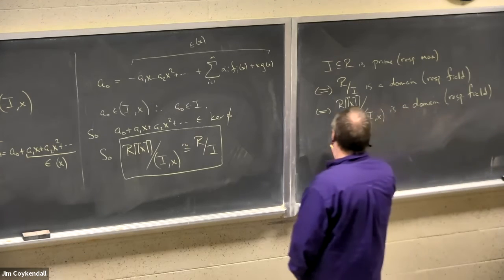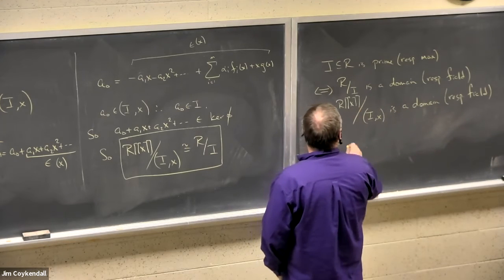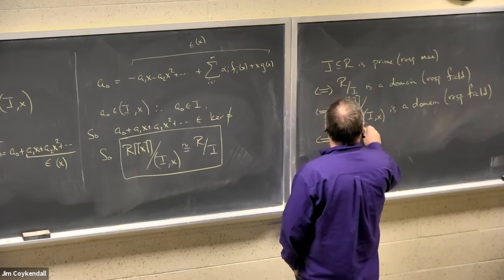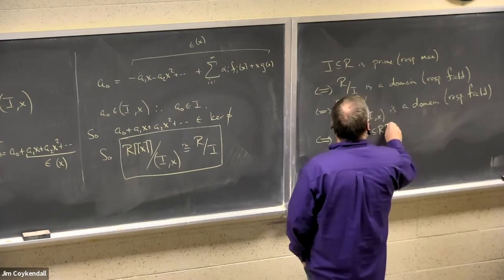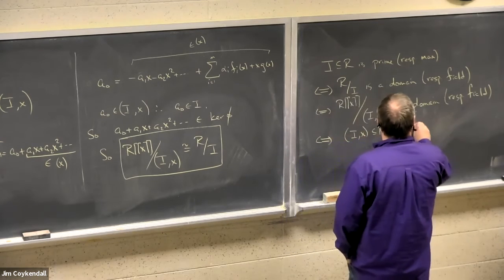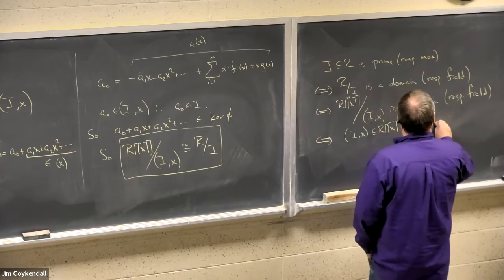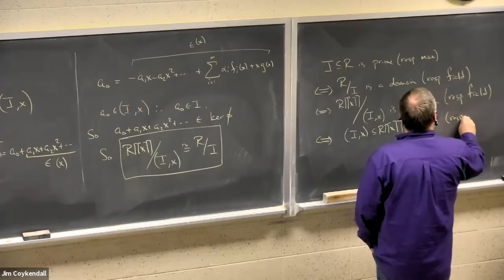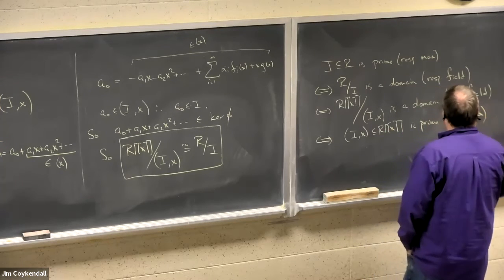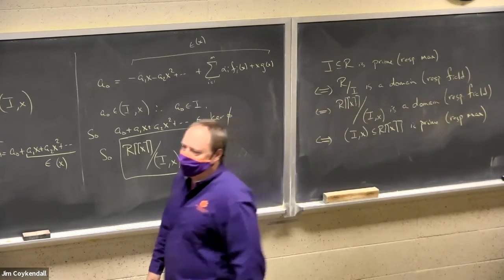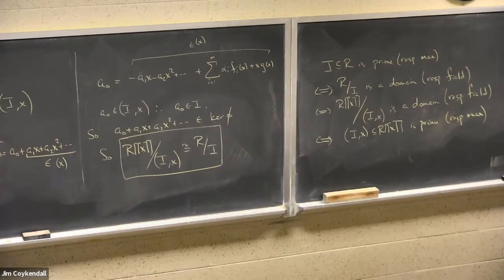If and only if I comma x in R power x is prime. And there you go. Any questions on that?